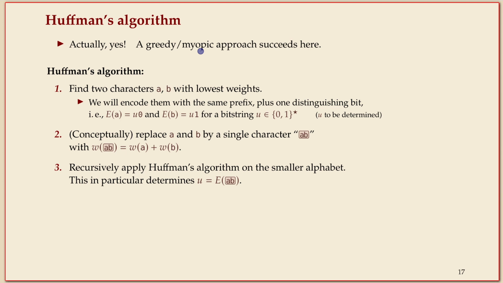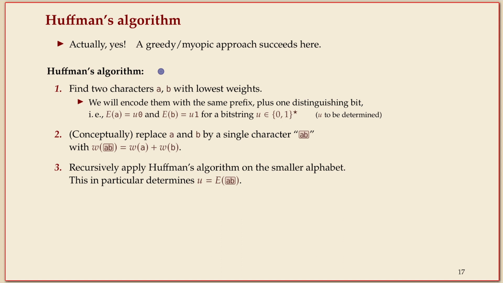It's hardly ever true in life, and it's also not often true in algorithms, but sometimes it is. And finding Huffman codes, or finding the optimal length character codes, prefix-free codes, is one of these examples. And so Huffman's algorithm works as follows.